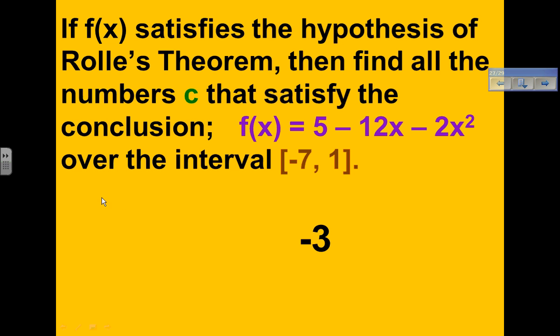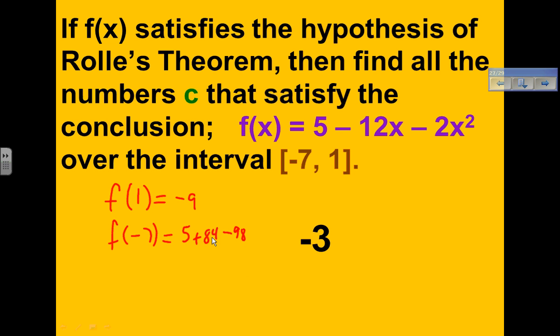Do the function values equal each other? The function value of 1 is going to be 5 minus 12 is -7, minus 2 is -9. The function value of -7 is going to be 5 plus 84 minus 98. Is it 98? Yeah, it looks like it.